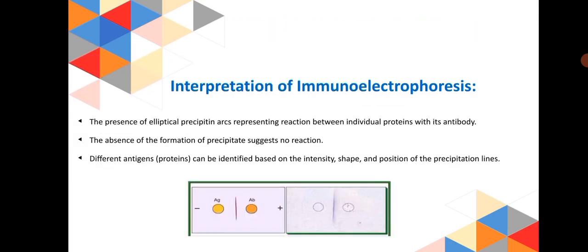The presence of elliptical precipitin arcs represents reaction between individual proteins and their antibodies. The absence of precipitate formation suggests no reaction. Different antigens, that is proteins, can be identified based on the intensity, shape, and position of the precipitation lines.